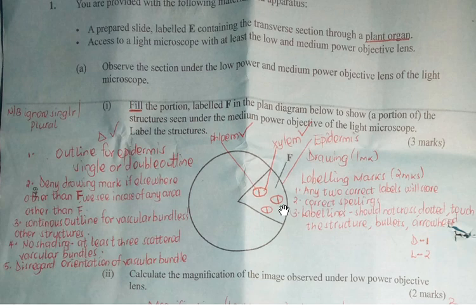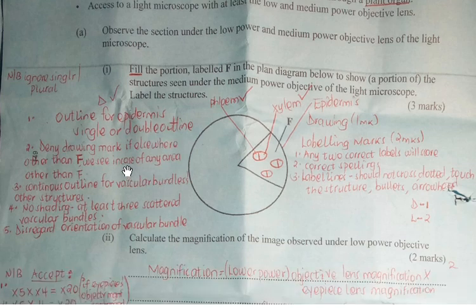Xylem and phloem, because the structure observed was a stem of a monocot plant. When filling that portion, you must use a pencil and observe certain rules, and those are the rules of drawing.